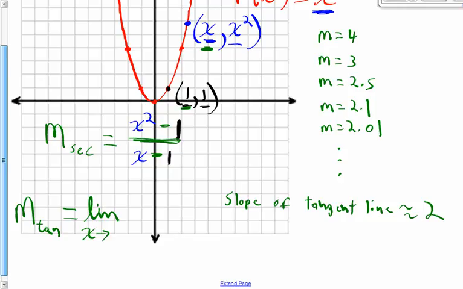So this is the limit as x approaches 1 of x squared minus 1 over x minus 1. All right, so let's try to calculate this limit. As this point gets arbitrarily close to the black point, this limit will give me the slope of the tangent line.